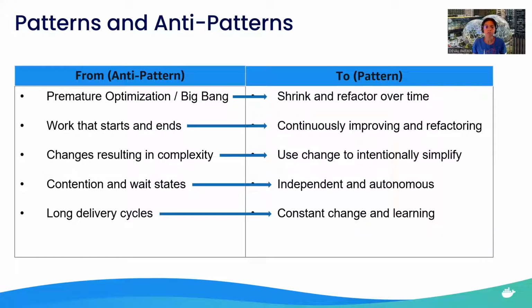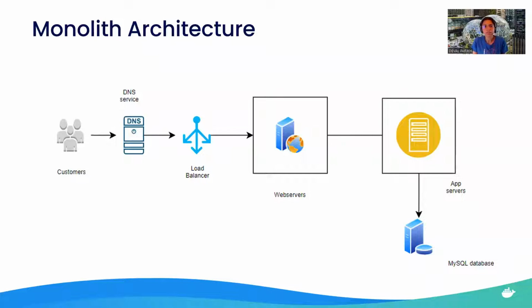Instead, we should aim to shrink and refactor components over a period of time with a focus on continuous improvement. In addition, we must intentionally simplify components so that they can be easily managed by small, independent, autonomous teams. Now, I want to emphasize that much of the best practices that I just talked about stem from fundamental principles of agile development methodology.